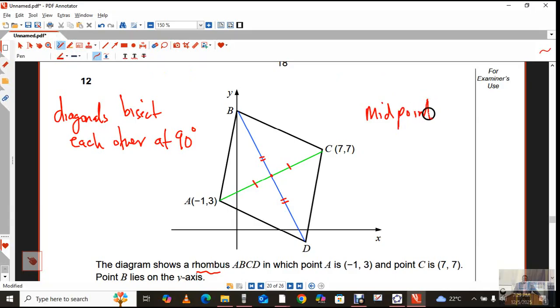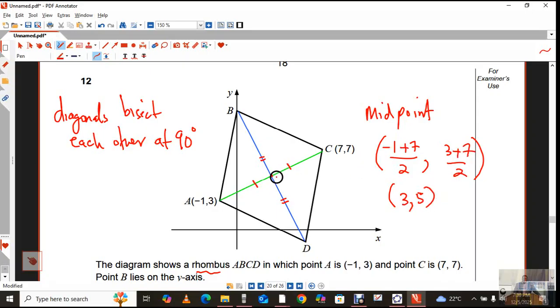The midpoint is the same as adding the x values together, because we've got A and C now. So you say -1 plus 7 divided by 2, find the mean. Then 3 plus 7, find the mean. That is 6, half of 6 is 3, and that is 10, half of 10 is 5.